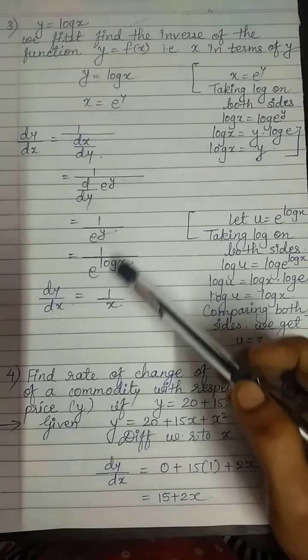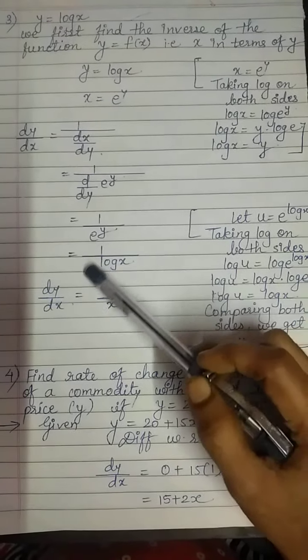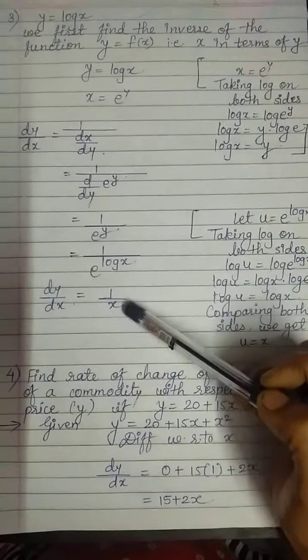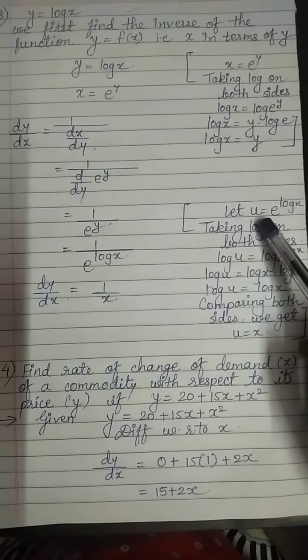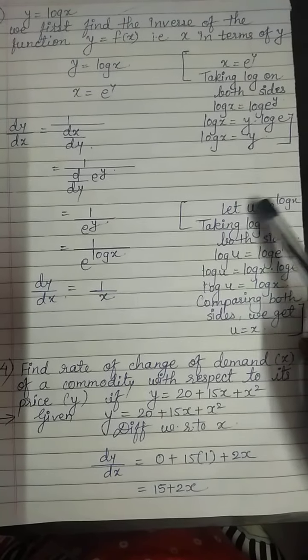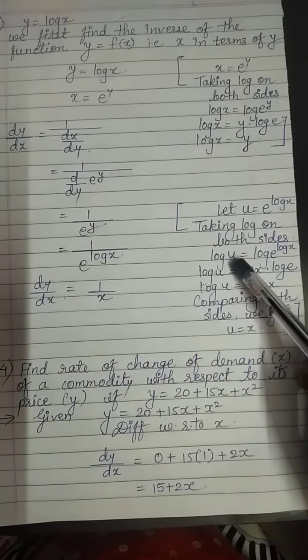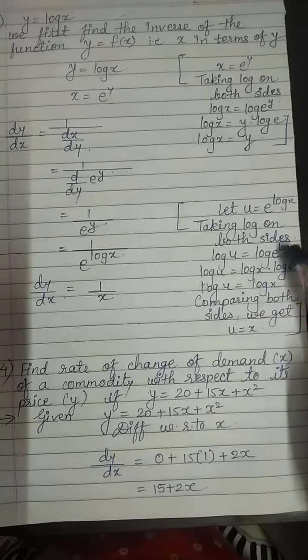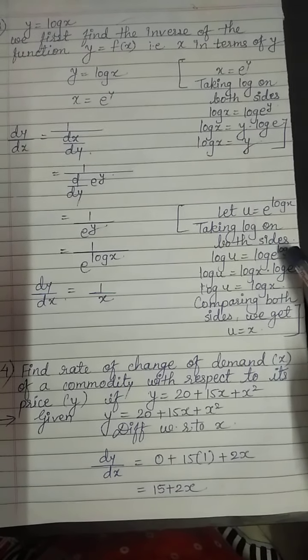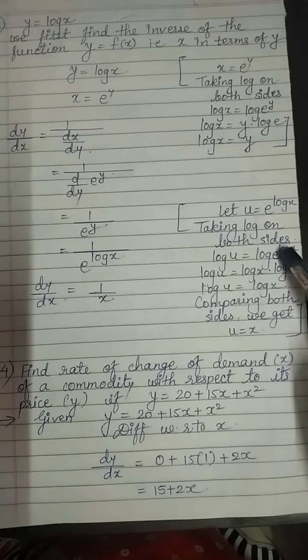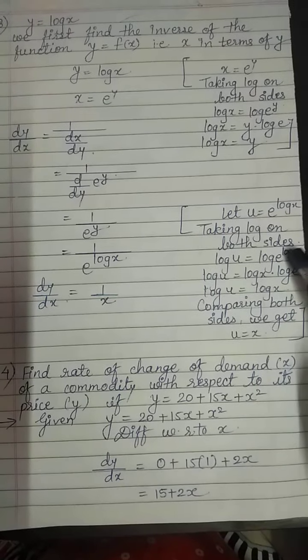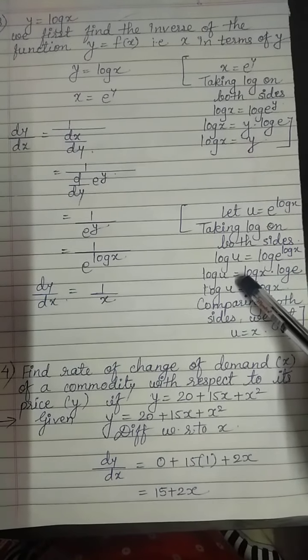Now here also one can ask the question: how can we write e raised to log x as only x? See, suppose we consider e raised to log x as u. Now taking log on both sides, log u is equal to log of e raised to log x. By using the law of exponent formula, this log x which is given in the raised-to position, we can write before log.